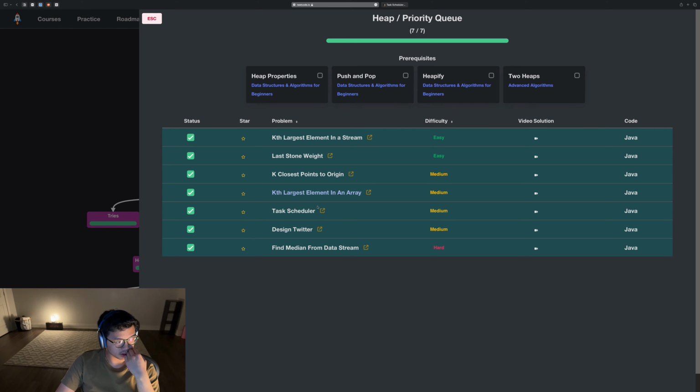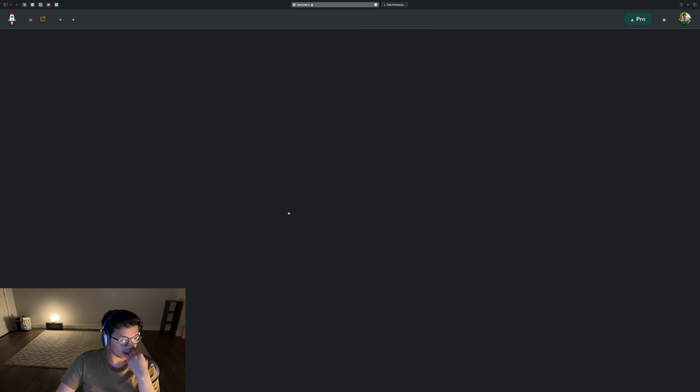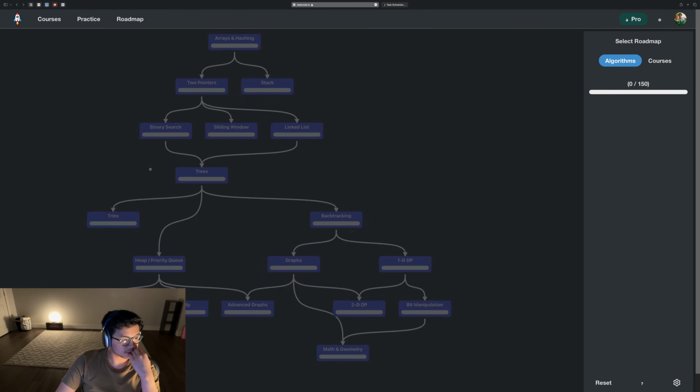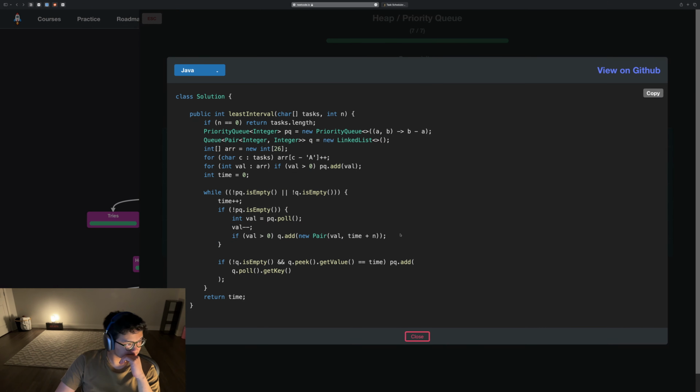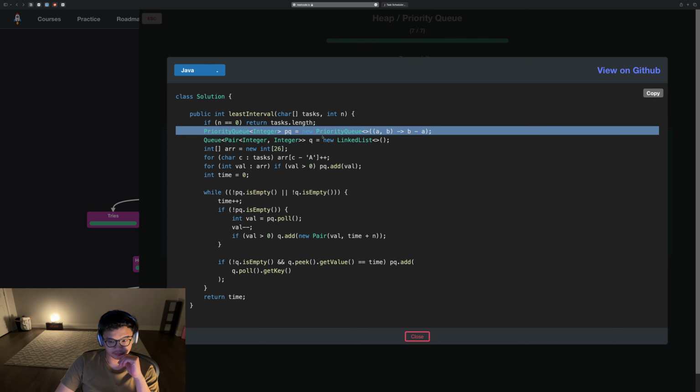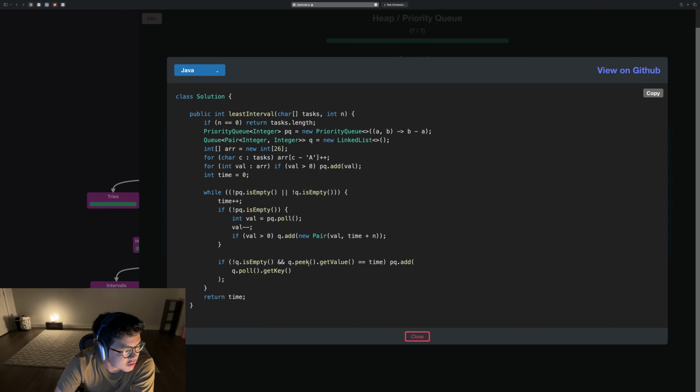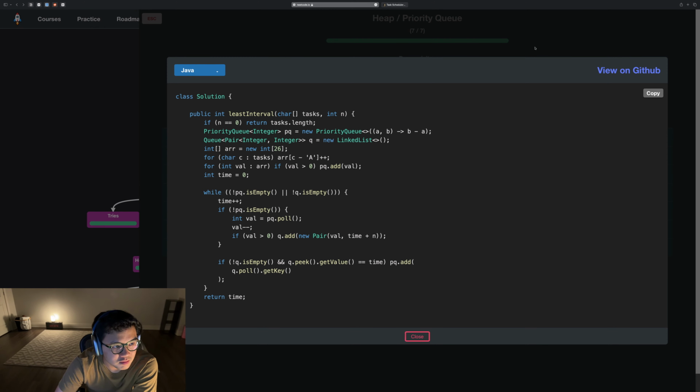I wonder what Leetcode's solution is. Yeah, it might be worthwhile to learn the priority queue way. Oh, he has pair. He doesn't define it. Interesting.